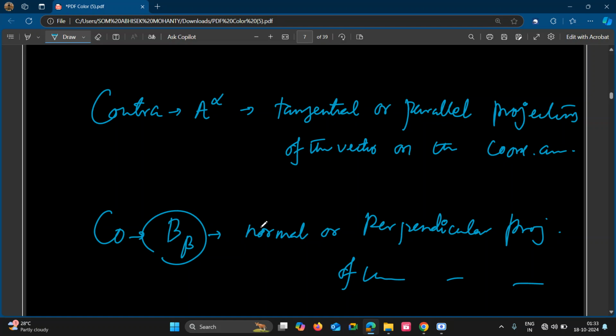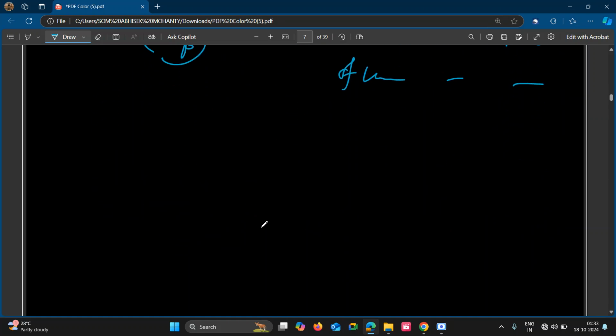Such a duality is the duality of projection in the coordinate space, and we should not confuse it with the tensor duality, which we'll discuss later on. So this is your tensor of rank one, which is called a vector. Next will be tensors of rank equal to or greater than two.